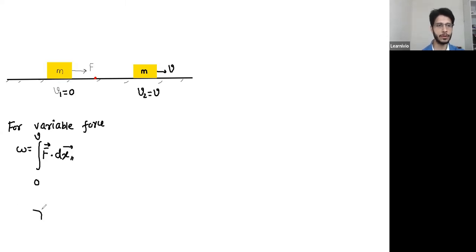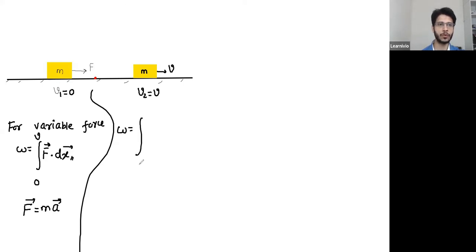So you can write your force as the product of mass into acceleration. If I substitute the value of force here, this is 0 to V, mass into acceleration dot dx.